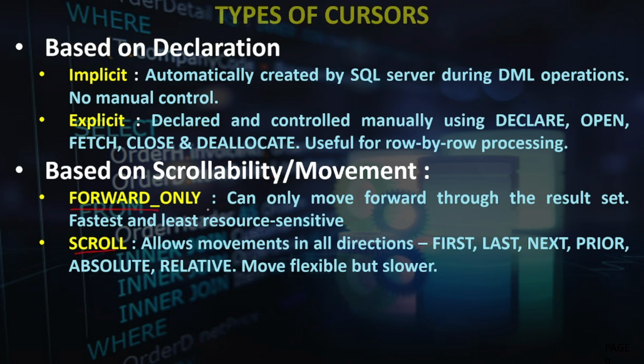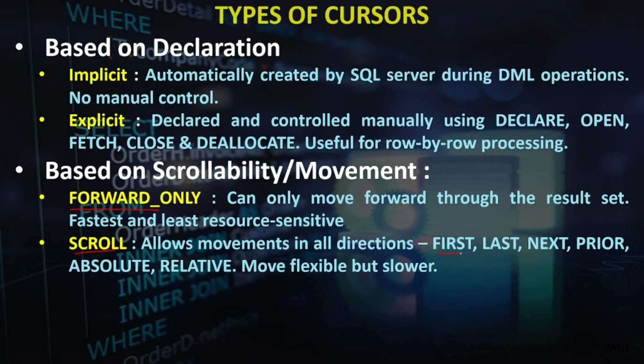Forward only means that once you create a cursor of type forward only, you can only move forward. If you are on record number 1, you can only go to 2, 3, 4, 5. If you want to go from record number 4 back to 3, it is not possible. But when you create a cursor of scroll type, you can do that kind of movement.